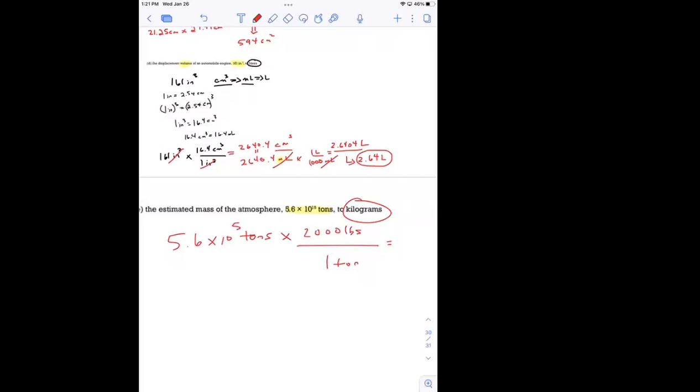Anybody got it yet? Anybody? Is it 10 to the 15th or 10 to the 5th?